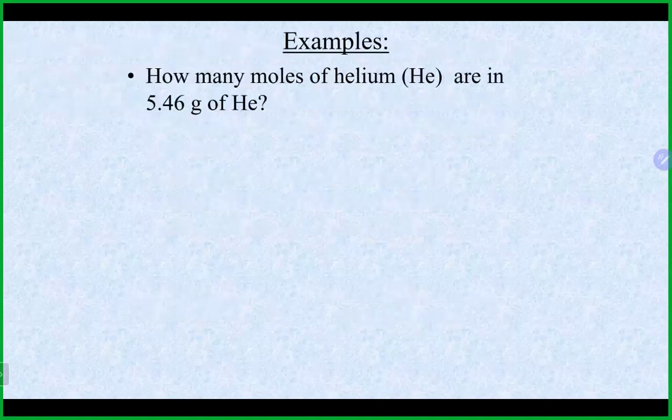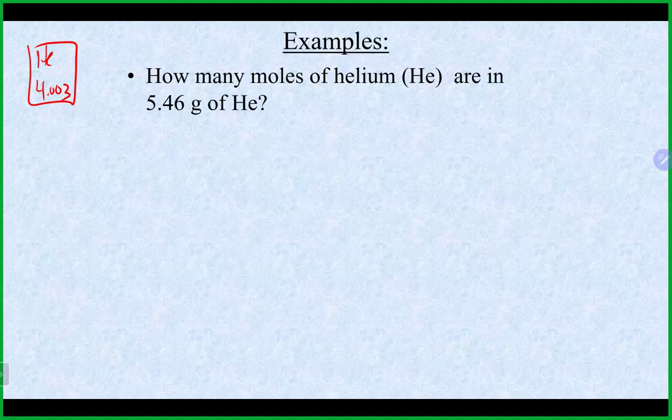All right, so let's do some examples here. How many moles of helium are there in 5.46 grams of helium? I'll give you this here: helium is 4.003. Take a moment, set it up. We have moles, which again are not molecules, and we have grams.